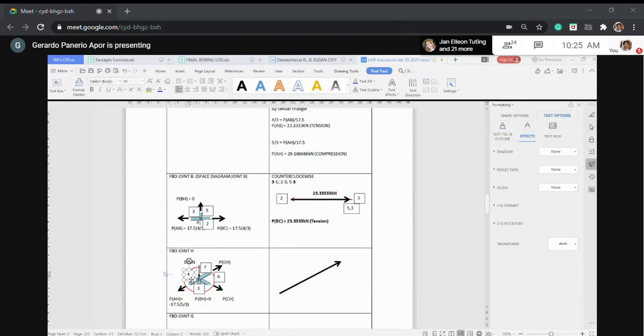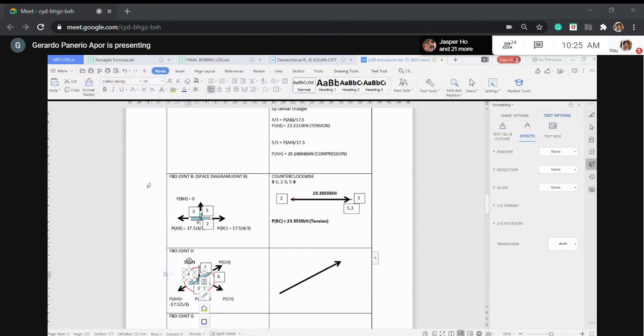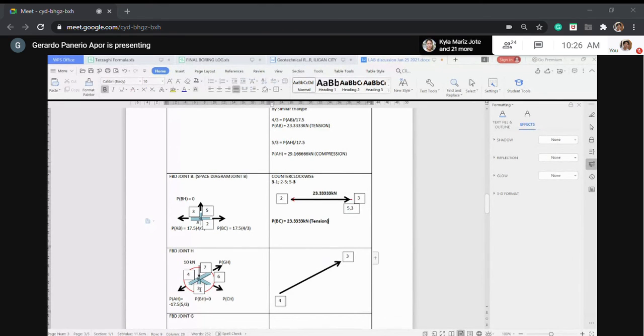Okay, 4 to 3. Copy. Paste. So that's 4. 4 there. Paste again. I'll change this one into 3. Okay. So where are we now here?